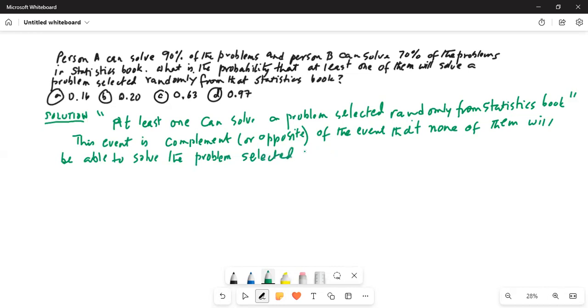Remember, at least one means one and above. It can be one of them or it can be both of them. So use the probability rule of complement events.